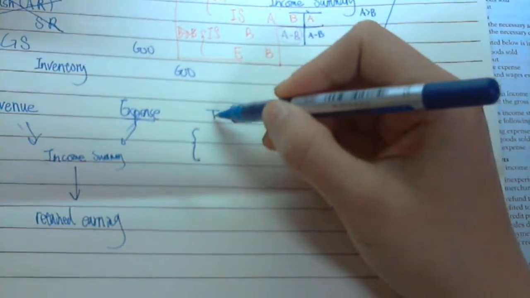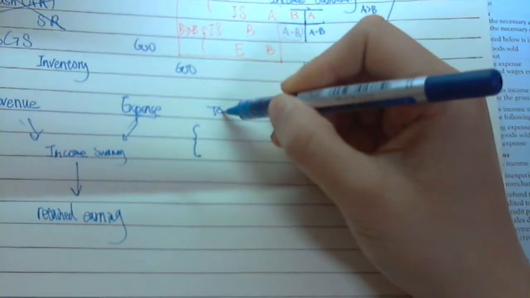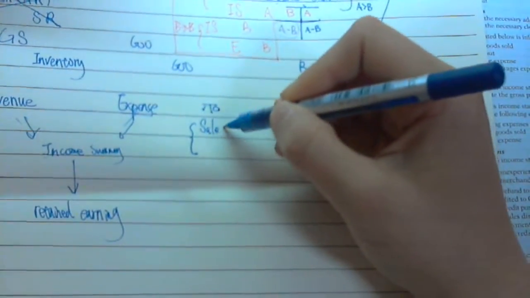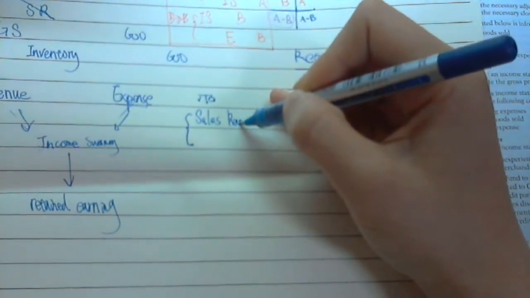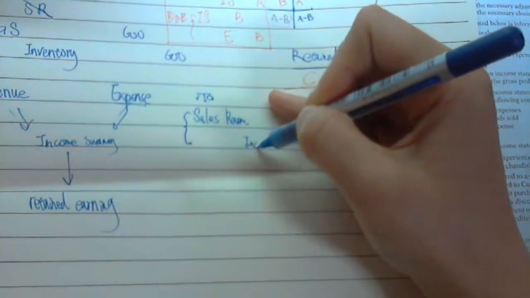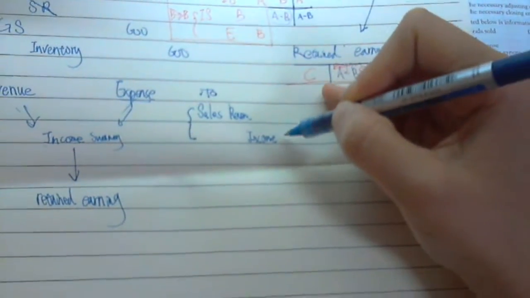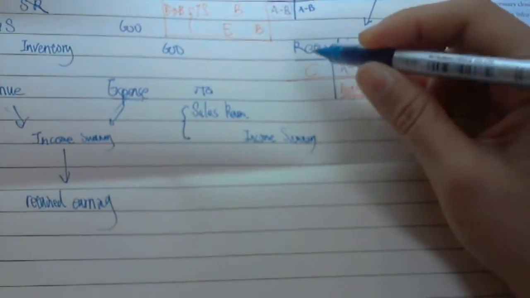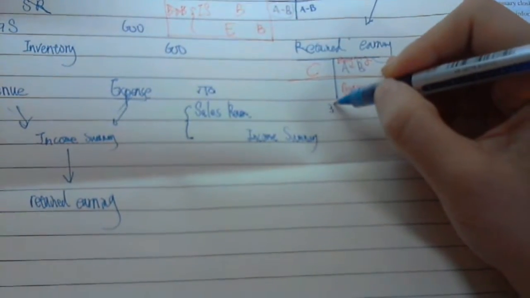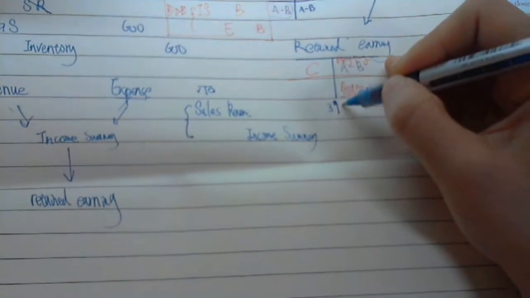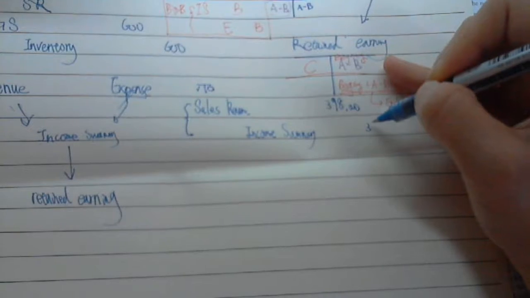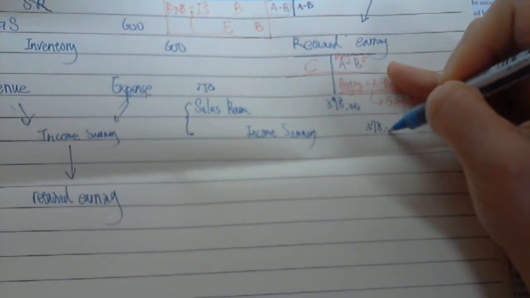The sales revenue usually is on this side, so when we are doing the closing, we will start from here. The sales revenue and the income summary, how much is it? 378,000 and 378,000.